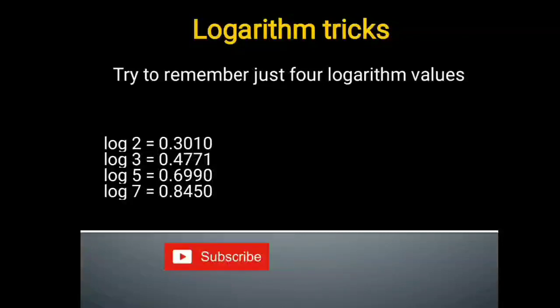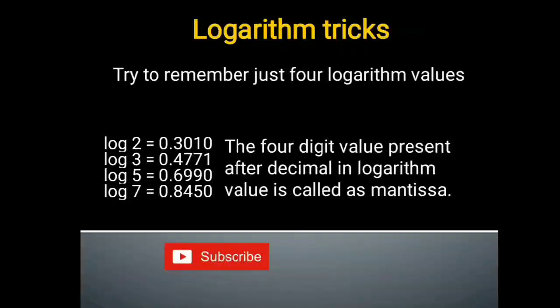In these values you can see a 4-digit value after the decimal point, that is called the mantissa. In logarithm values, this mantissa is very important. Mantissa of log 2 is 0.3010, right?